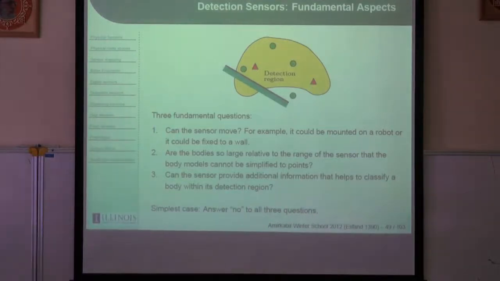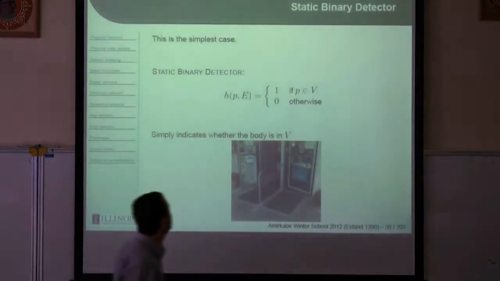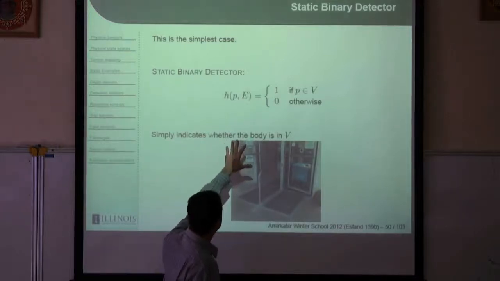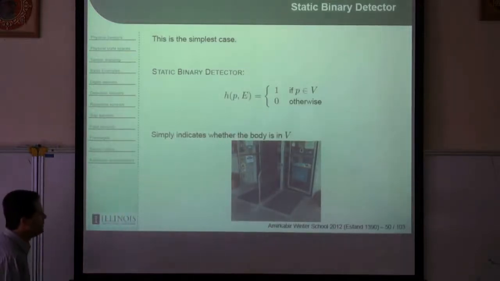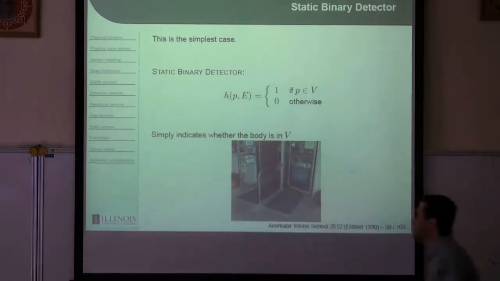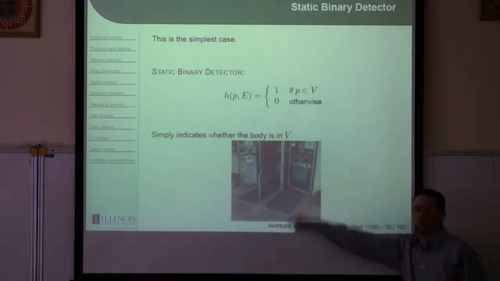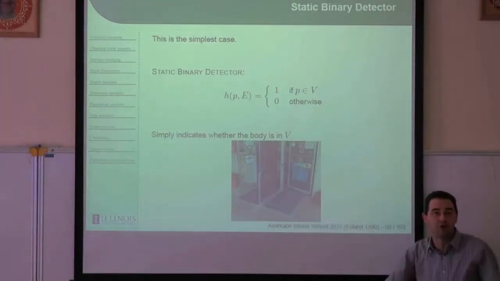Let me give the simplest case. For example, I could have a static binary detector. It just tells whether or not the body is inside the sensor range. Is it in or is it out? It's the easiest case. That reminds me a lot of this floor mat. Somebody is either stepping on the mat or not. That's all you get.